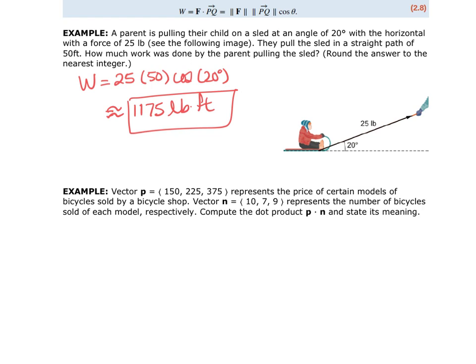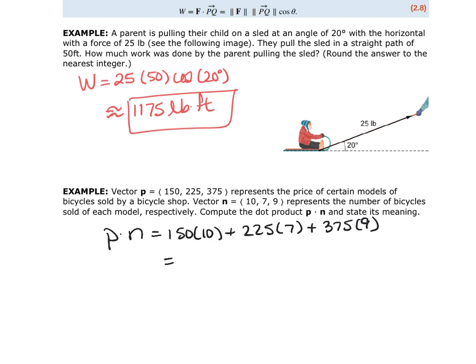So I'm just going to do the regular dot product. When I do my P dotted with N, I'm going to end up with 150 multiplied by 10, plus 225 multiplied by 7, plus 375 multiplied by 9.